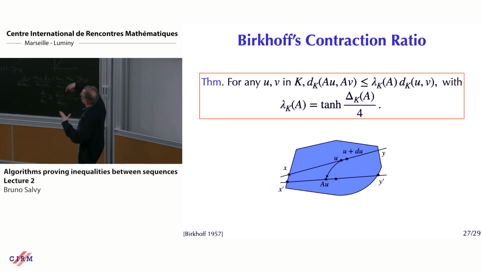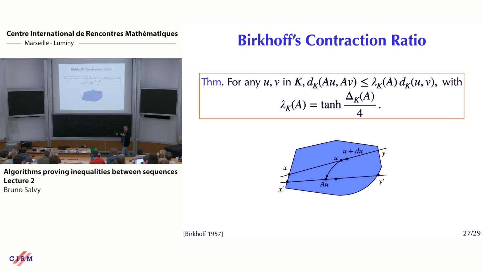The proof, of course, I am not going to give it, but basically you start from U, it goes to AU that you can rescale to be in the same plane, and then you have to look at what happens when you move U here, you move here, but you have not only the derivative of A, but you have to take into account that the distances change. They are not the same on this ray and this ray, but it does the computation. It's a simple rational function of degree 1. You look at the derivative, find a 0, inject, and that's the formula.